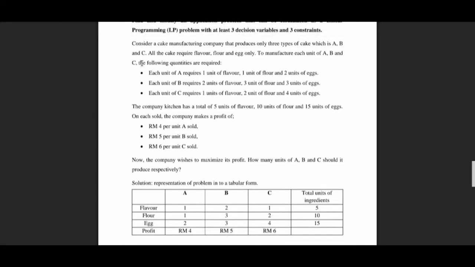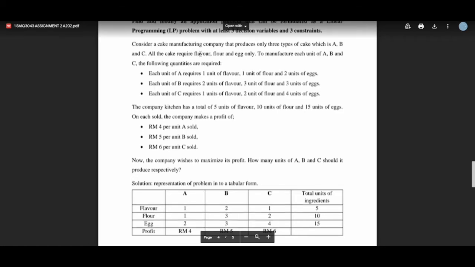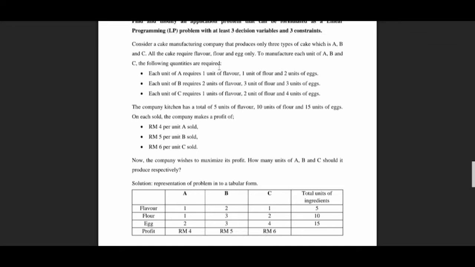The question is, consider a cake manufacturing company that produces only 3 types of cake, which are A, B, and C. All the cakes require flavor, flour, and egg only. To manufacture each unit of A, B, and C, the following quantities are required.